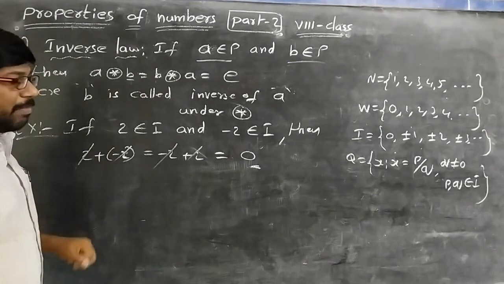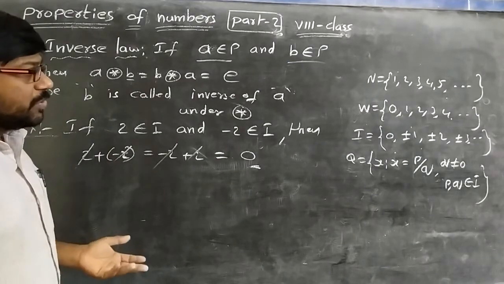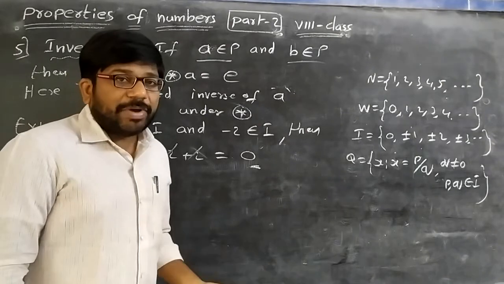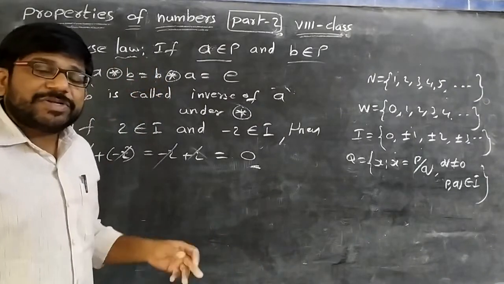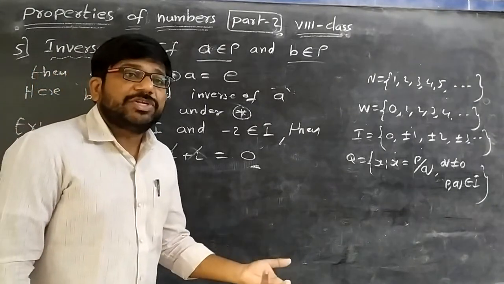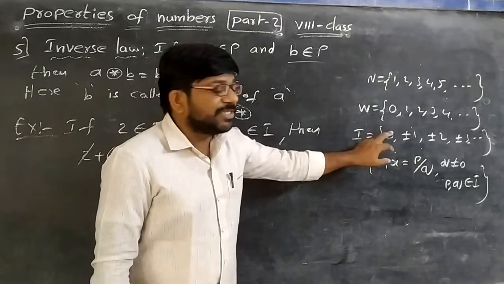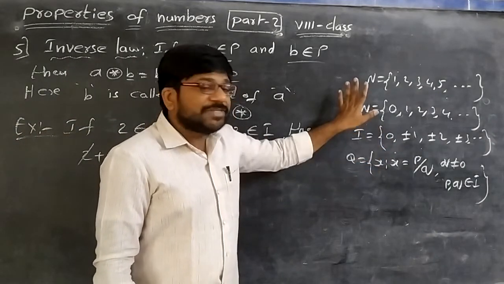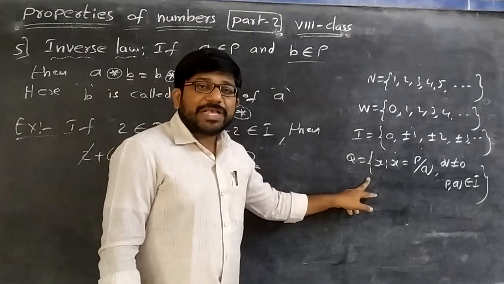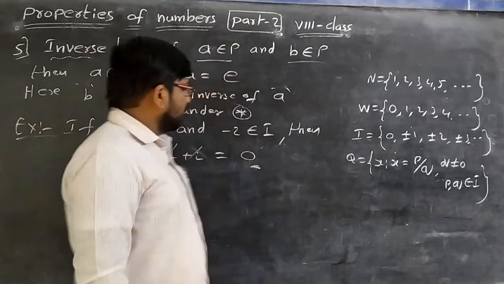Under addition okay, but in multiplication, the inverse of multiplication is divided by. So the inverse of 2 is 1 by 2, but there are no fractions in integers. But Q has fractions, p by q forms.